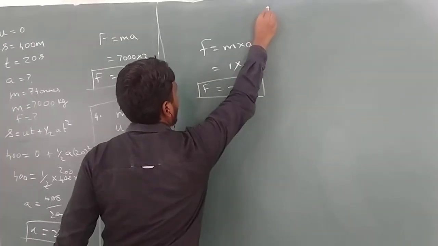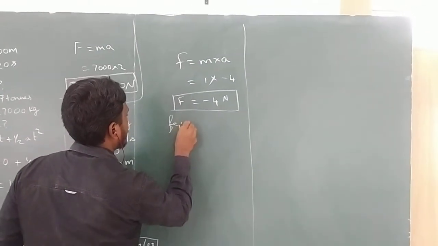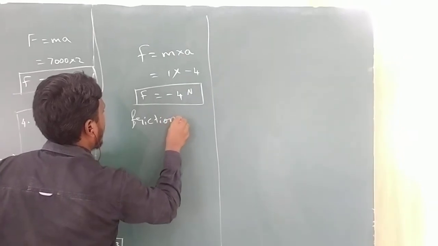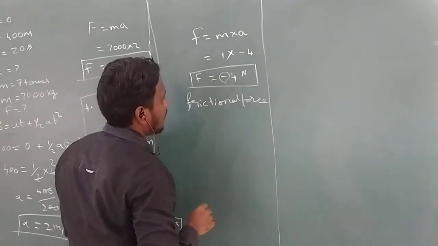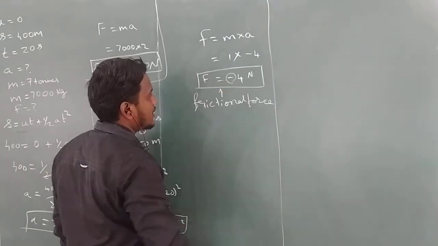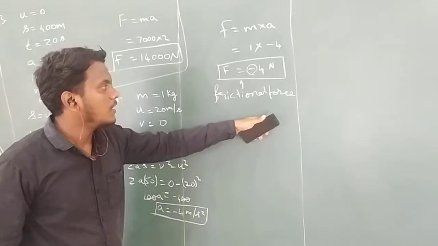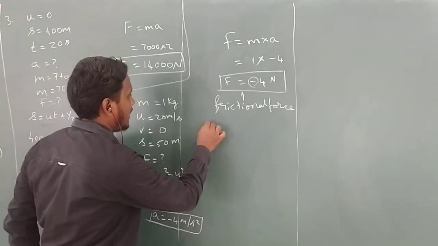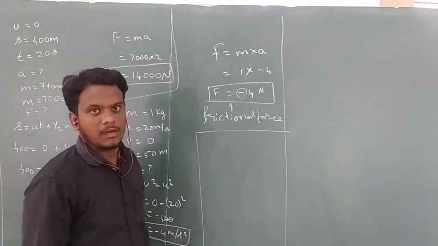This is the force of friction. So do you understand why it is negative? They have asked you the frictional force, and frictional force will always be in the opposite direction to the direction of the motion, and because of that this frictional force is negative, right?